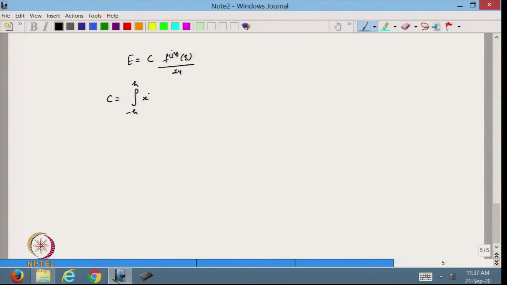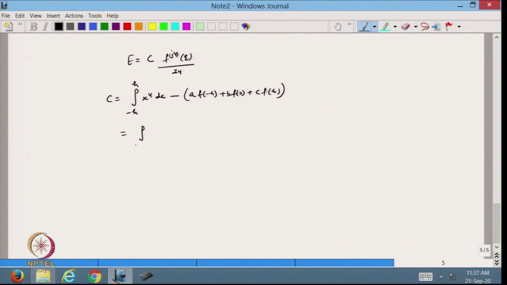So, if I take the function x raised to power 4 dx, it is not a cubic, it is a fourth degree polynomial, so I can find the error. This will be the difference between the integral and the value of a f of minus h plus b of f of 0 plus c of f of h, the formula, and I know the values of a, b, c.